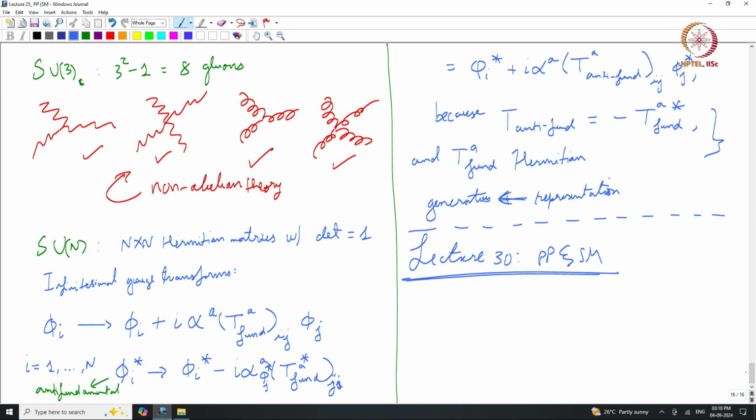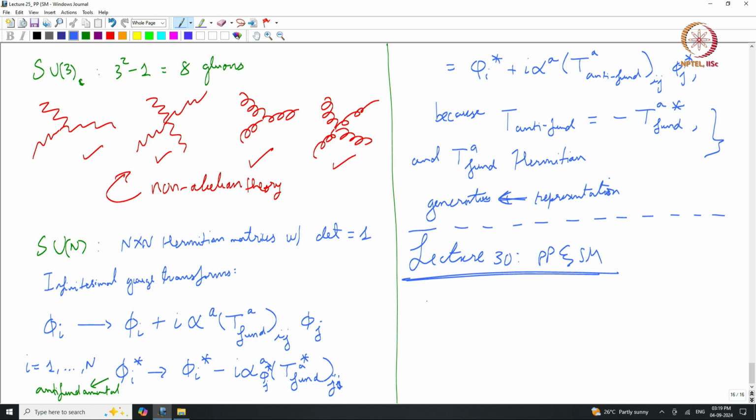So I started writing the infinitesimal transformations in the fundamental representation, right? So this is where we saw that you have a set of generators for the fundamental representation, you have another set for the anti-fundamental representation, and we finished by saying it's completely possible for you to have another set for the adjoint representation as well, okay?